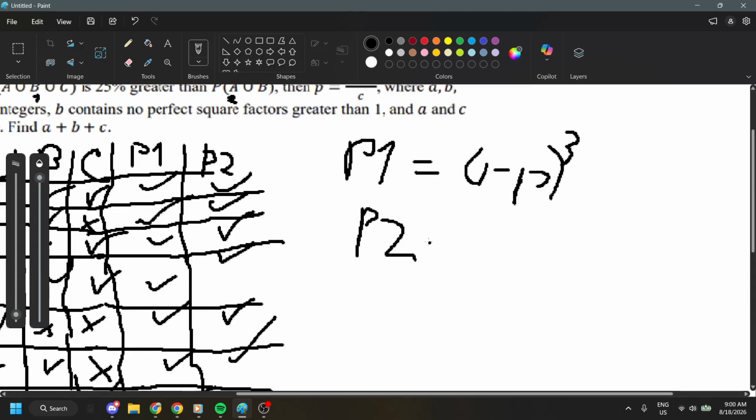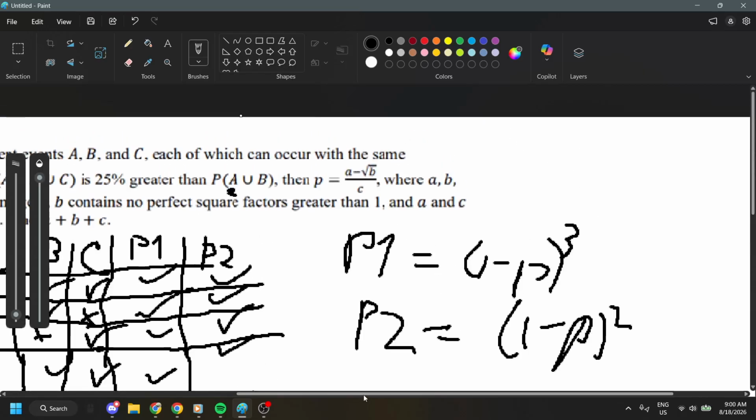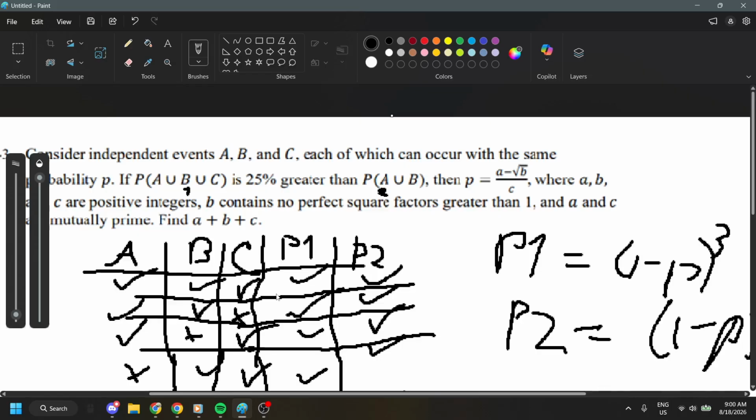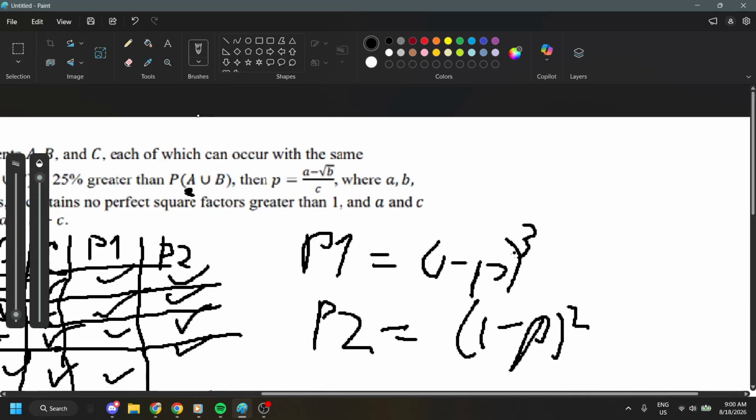Whereas probability 2 is equal to just 1 minus p squared. So this one is 25% greater than this one.